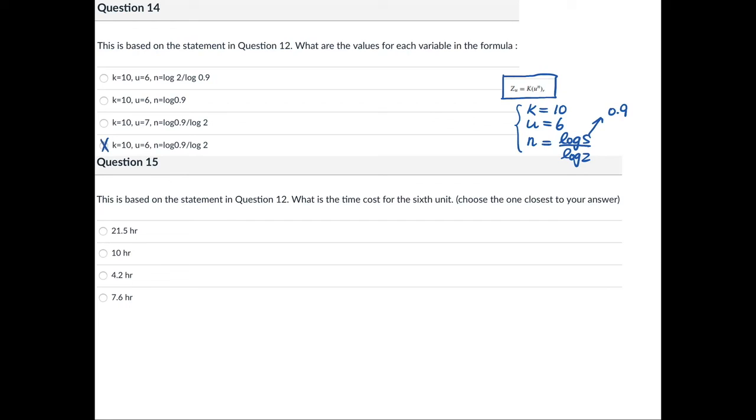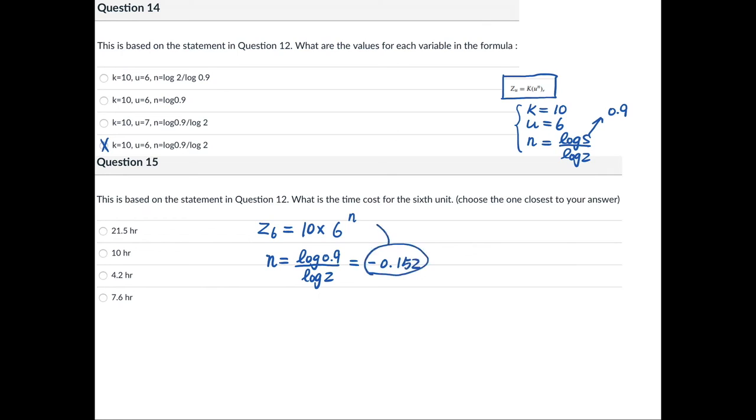Now let's just calculate. The time cost for the sixth unit is Z6 equals K, which is 10, times u, which is 6, to the power of n. What is n? n is log 0.9 over log 2, which is negative 0.152.